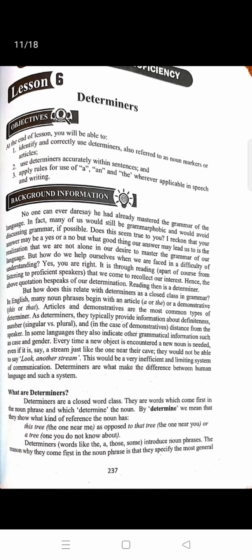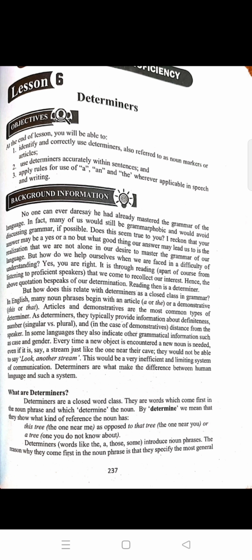Moving on to determiners. So here you should be able to identify and correctly use determiners, also referred to as noun markers or articles. So other term for determiners are noun markers or articles. Of course, use determiners accurately within sentences and apply rules on the use of a, an, and the.